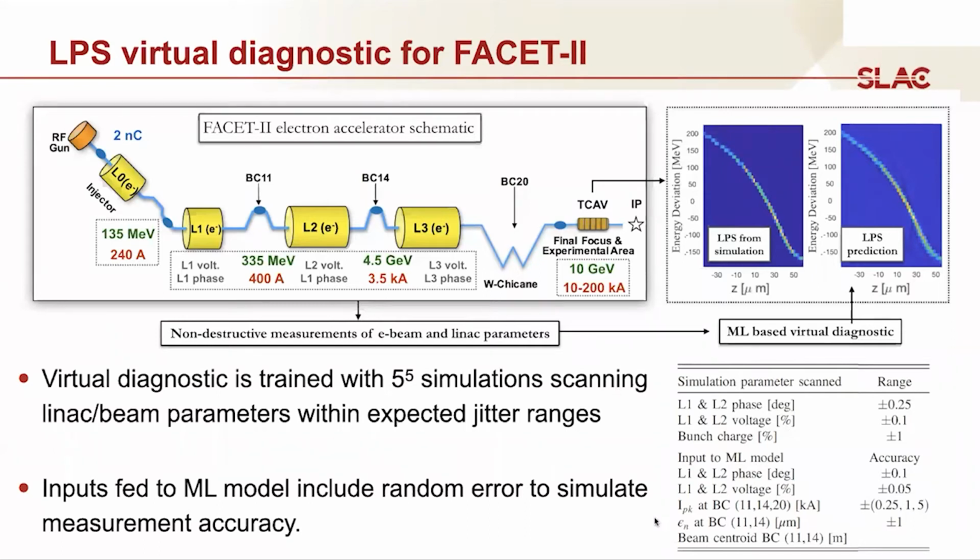And also the emittance at each bunch compressor, which we're hoping to measure with a technique that's going to use the interference of edge radiation. This is a project that's being spearheaded by Brendan O'Shea, which I won't discuss in detail here now, but it's currently underway. And the inputs to the machine learning model that I'll discuss also include random errors to simulate the accuracy of measurements.